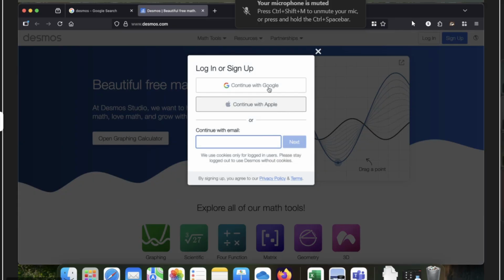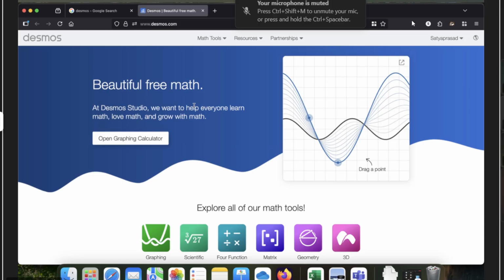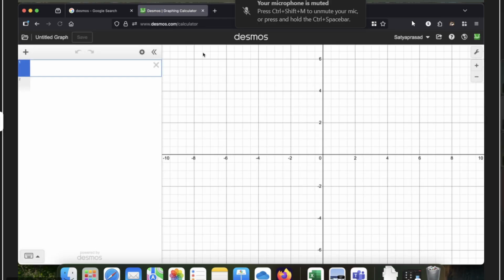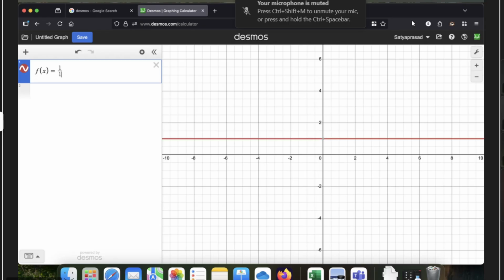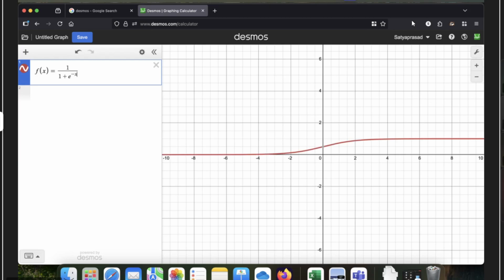Fine. So if you wanted to write up your function f of x equal to 1 divided by 1 plus e to the minus x, and I keep something called a as a slider, now you can see how the sigmoid function behaves as I move a.